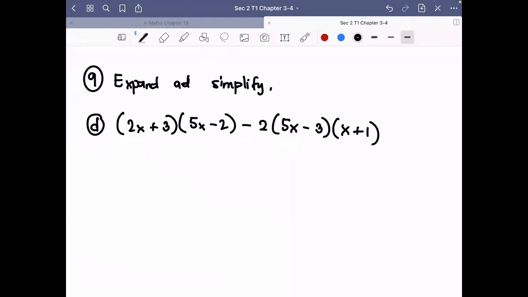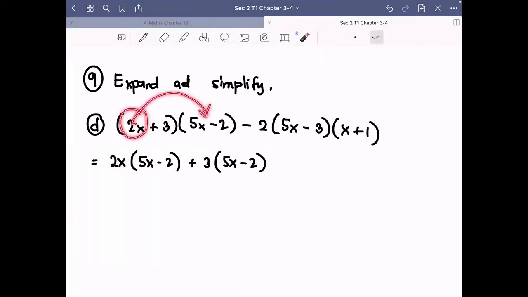So we have 2x times 5x minus 2, and then plus 3 times 5x minus 2. Again, 2x times this. So that's why you have this. And then plus 3 times 5x minus 2 for this one. And then a minus 2.